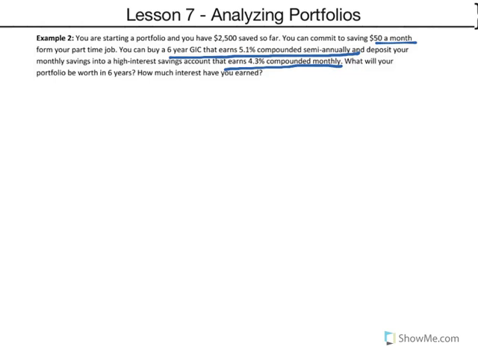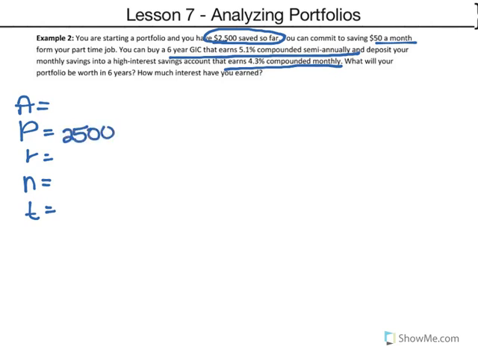So first, let's start with our savings. For the high-interest savings account, we've saved $2,500 so far. So A, P, R, N, T, where our principal is $2,500. Our rate is 4.3%, which is 0.043. Our compounding periods is monthly, so it is 12.